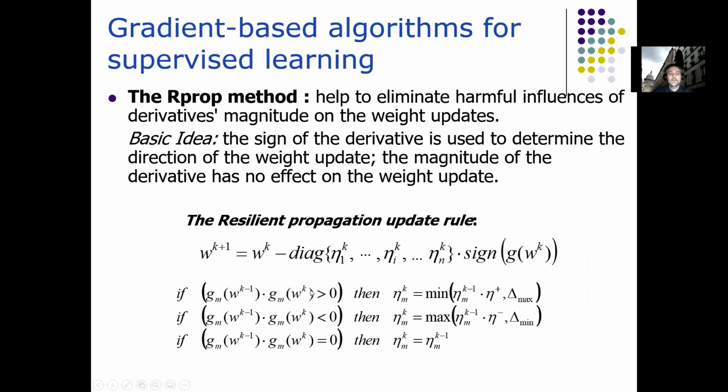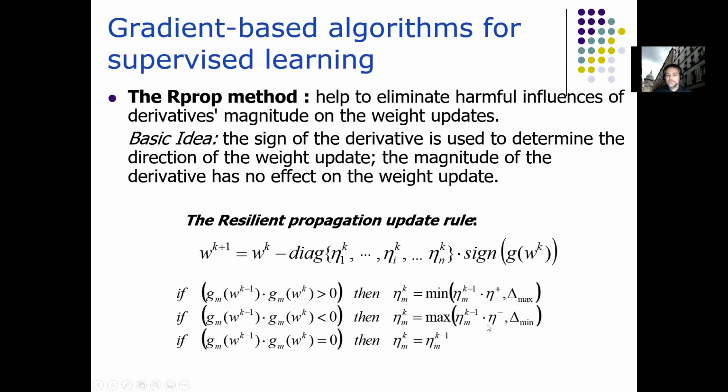If the product of these derivatives is positive, then the learning rate is selected by a special formula. If the sign of the product is negative, then there is a different formula to update the learning rates. And if the product is equal to 0, then the learning rate remains the same. It doesn't change. In the first case, the change depends on a factor that aims to increase the value of the learning rate.